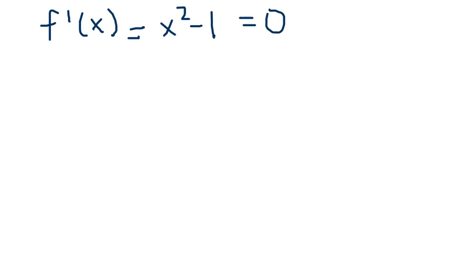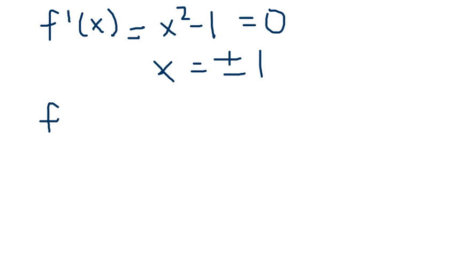Using the exact same function that we've been talking about, f of x equals 1/3 x cubed minus x, we already know that when we set the first derivative equal to 0, we get positive and negative 1. So those are our critical points.